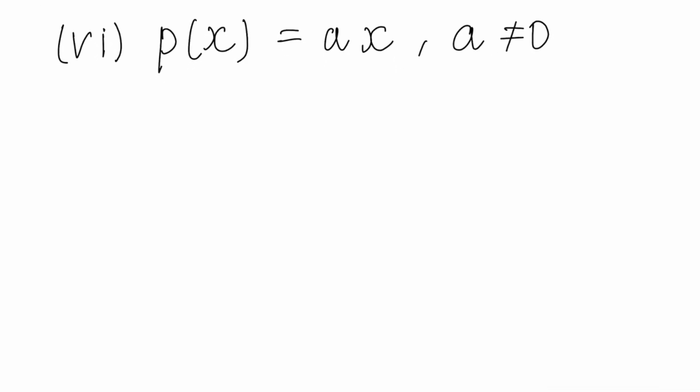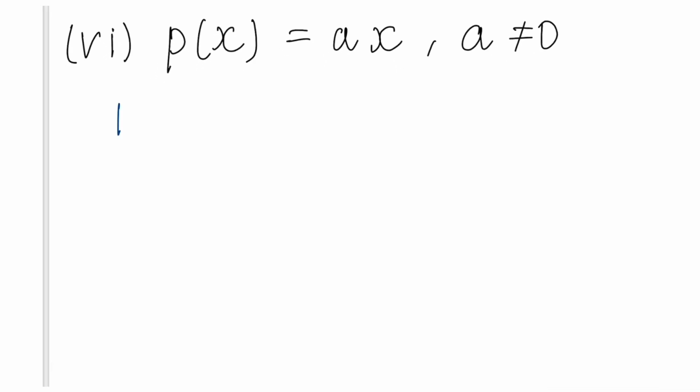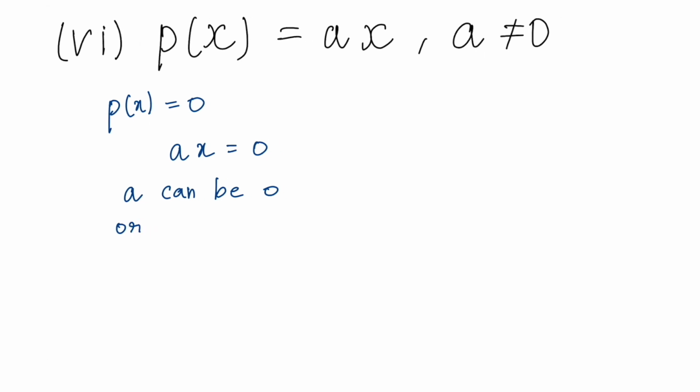This also is similar to the previous question. So p of x is equal to 0, so that means ax is equal to 0. So you can say either a can be 0, sorry, a can be 0 or x can be 0.